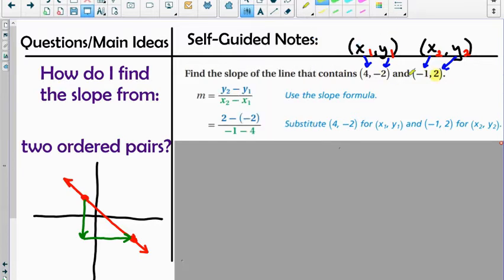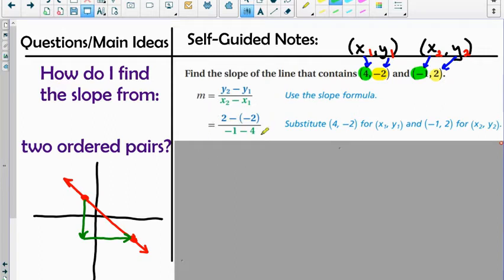So the second y coordinate minus the first y coordinate: 2 subtract -2. In the denominator, we have those x coordinates. Notice we start with the second x coordinate, x sub 2. So x sub 2 is -1 minus 4, goes in the denominator.